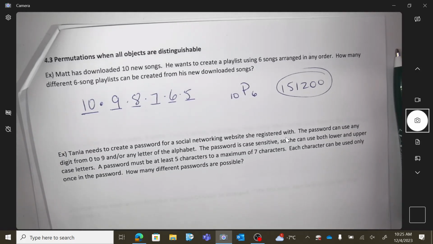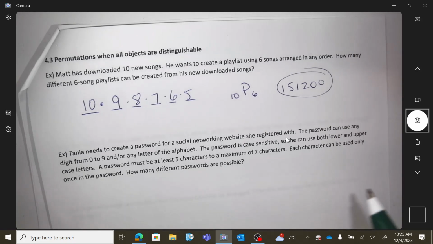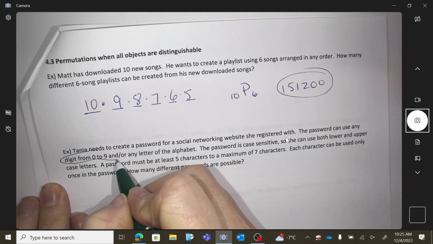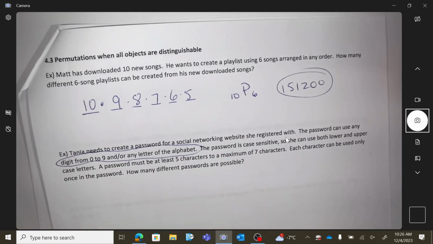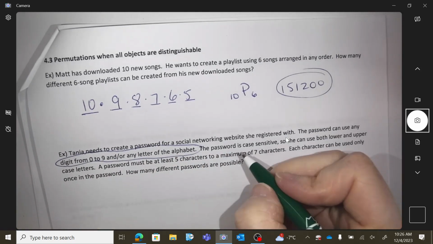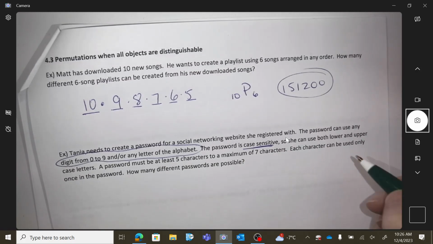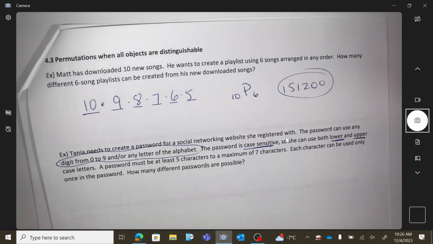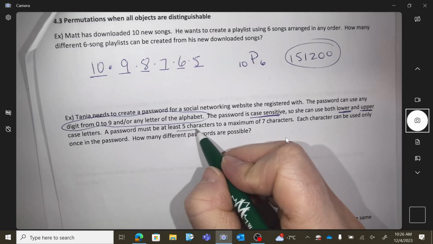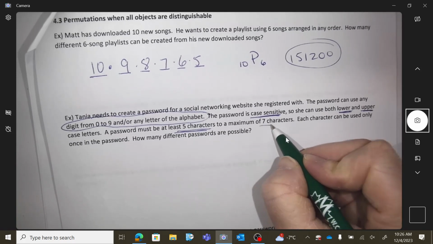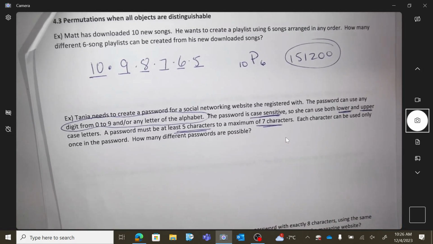Okay, Tanya needs to create a password so she can use any digit and/or letter of the alphabet. The password is case sensitive, so lowers and uppers are different. It has to be at least 5 characters long or up to 7.